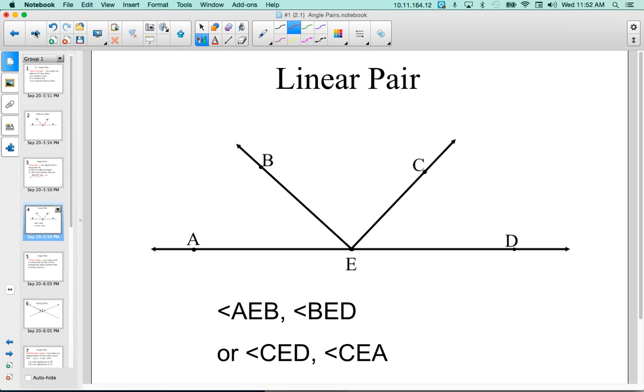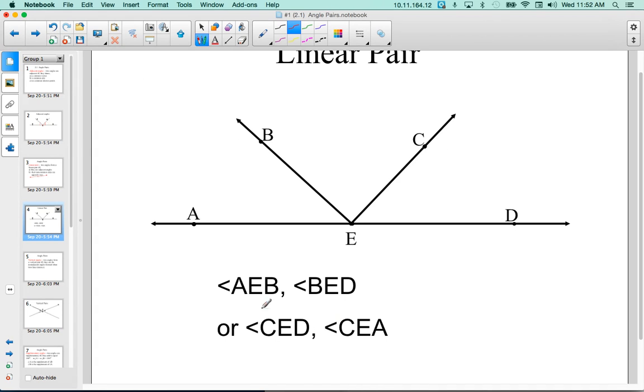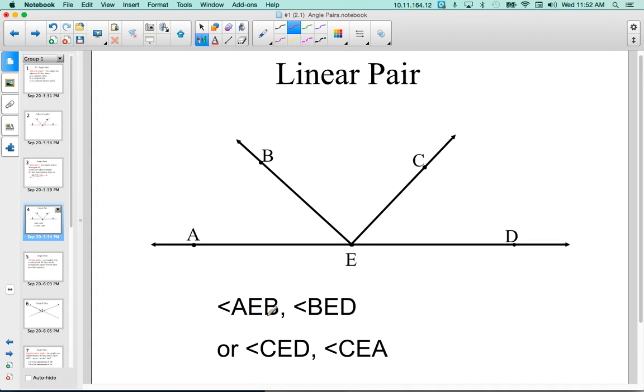Now we've got some angles here. Down here it asks, is angle AEB and angle BED, or angle CED and CEA a linear pair? Well, let's look at our first set here, AEB and BED. Angle AEB is this angle, angle BED is this angle. Does it satisfy the two things?